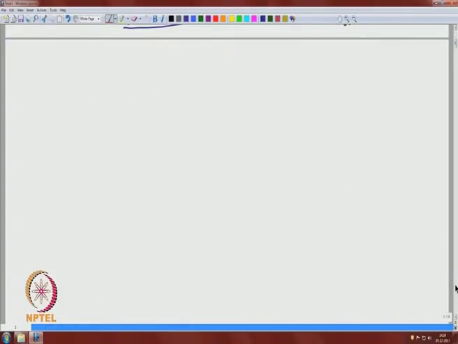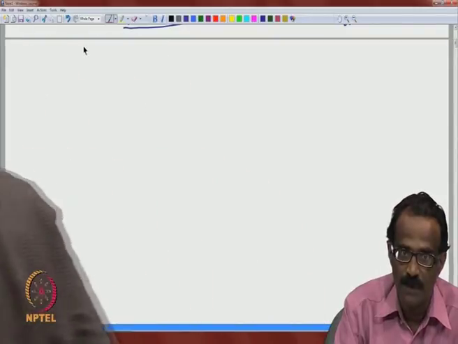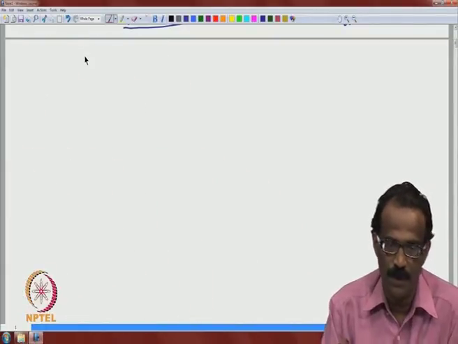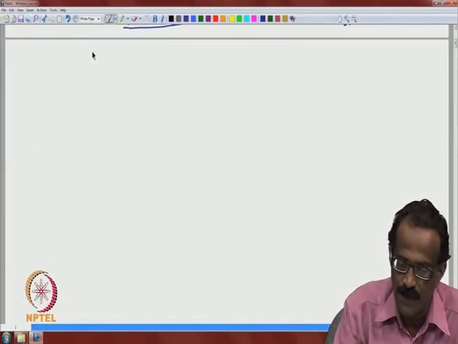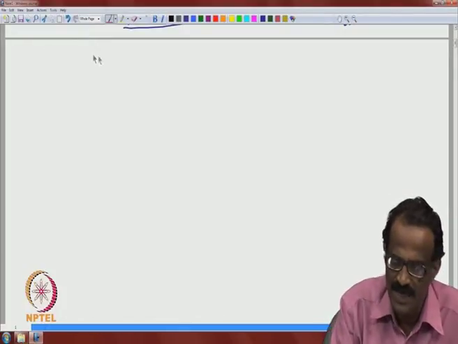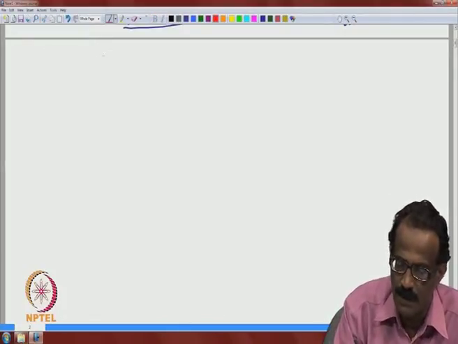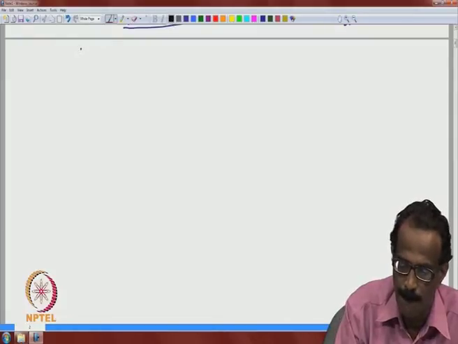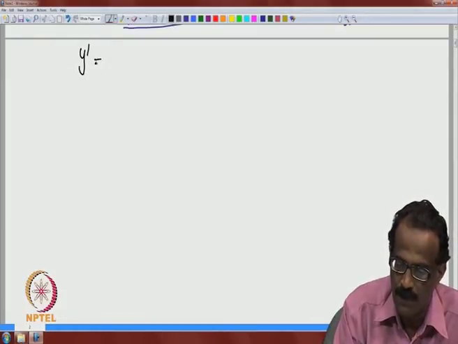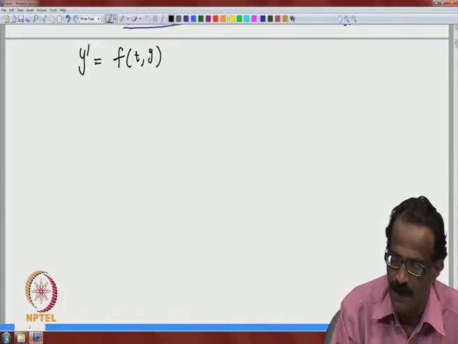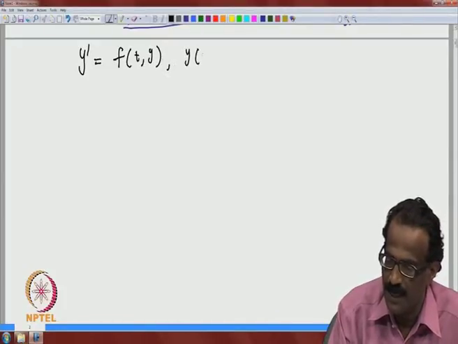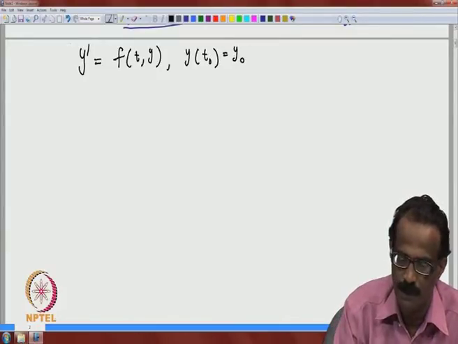All right. How does an initial value problem look? An initial value problem for this looks like y prime is equal to f of t, y, and y at t naught is equal to y naught.